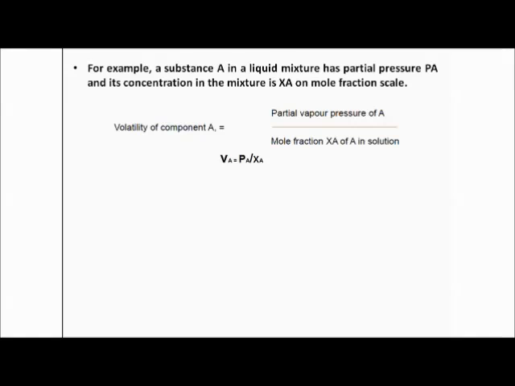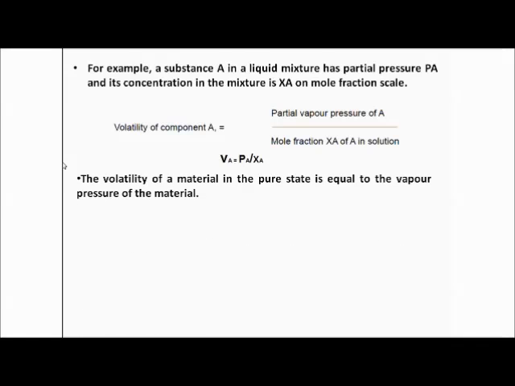Volatility of component A is equal to the partial pressure of component A divided by the mole fraction XA of A in the solution. That is written as VA. Volatility of A is equal to PA divided by XA. PA is the partial vapor pressure of A, XA is the mole fraction of A.